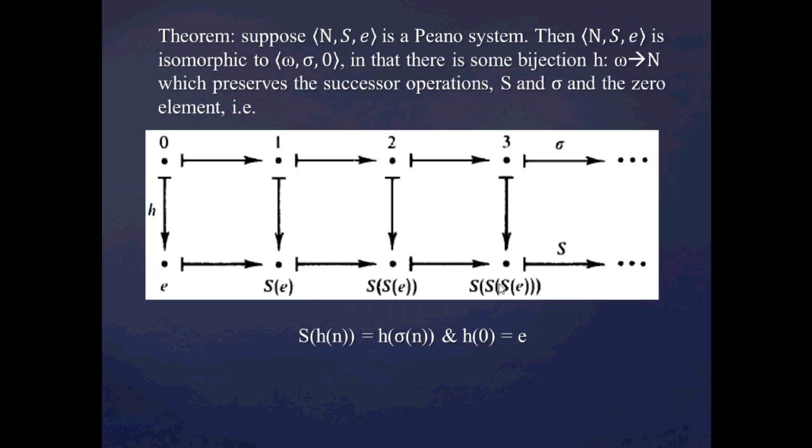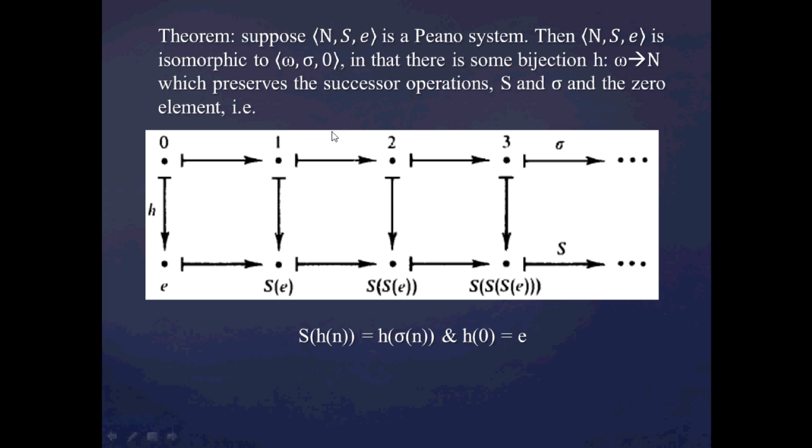And now the recursion theorem is going to allow us to prove what we've been interested in in this video, that Peano systems are isomorphic to one another. So the theorem here is going to say that suppose N, S, and e is a Peano system, then N, S, e is isomorphic to omega, sigma, 0 in that there's some bijective function h taking omega to the set N. And now just to introduce the diagram, the set N is going to be all the stuff, all these points down here in the bottom row.